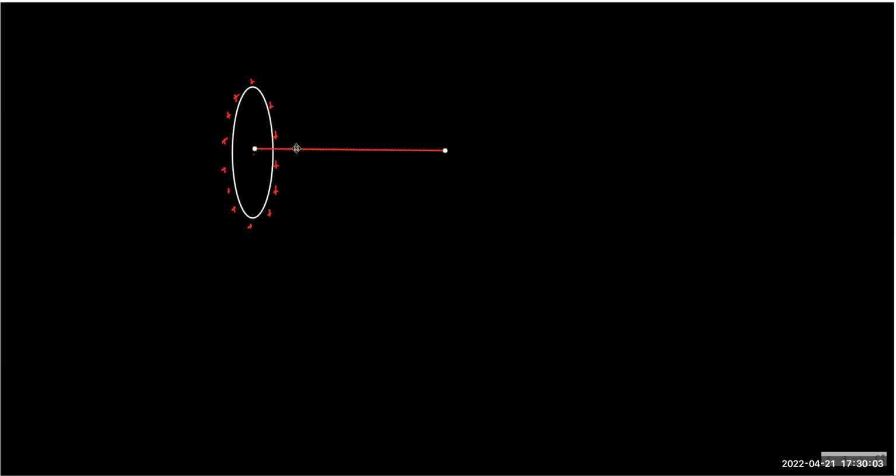So we have a ring. What we have is a ring of radius r.